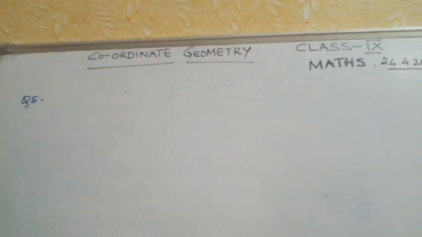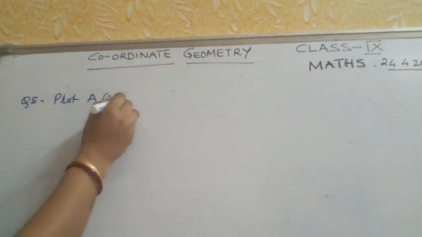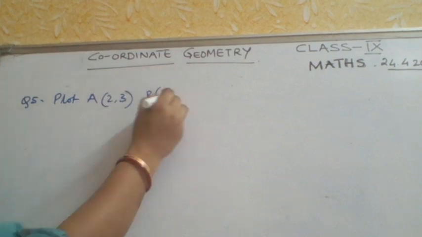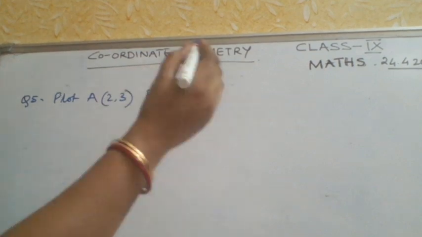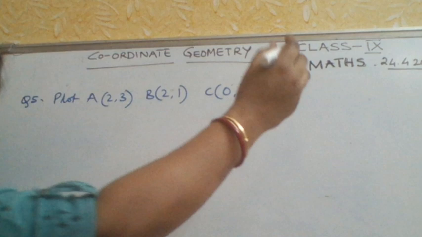Question number 5: plot the points A, that is 2, 3, and B, that is 2, 1, and C, that is 0, 1, and D is your 0, 3.